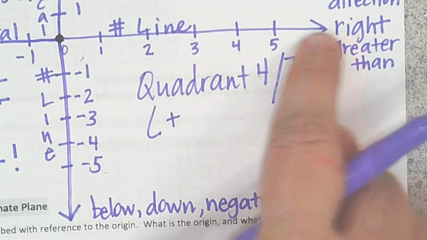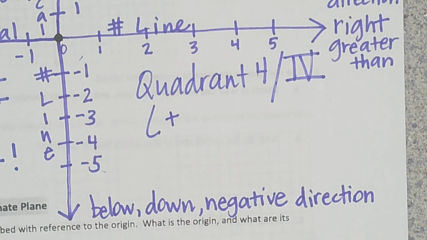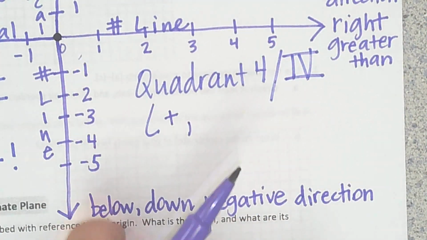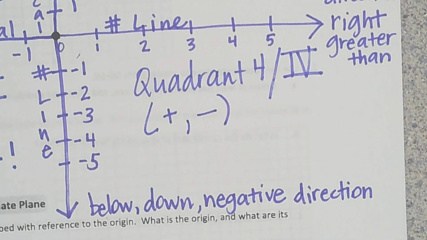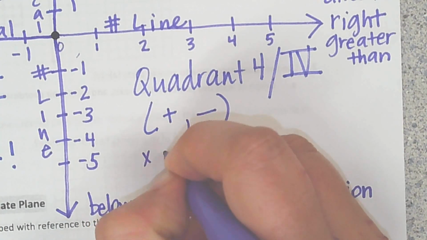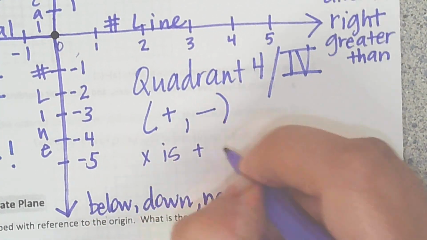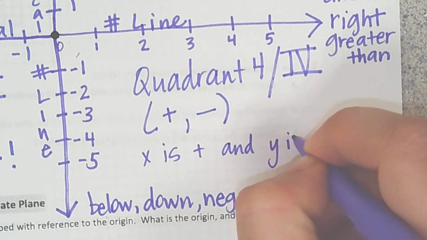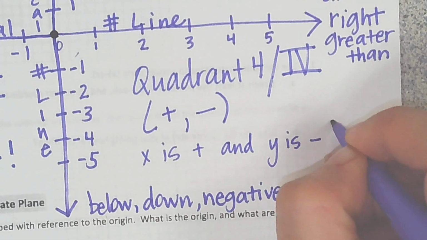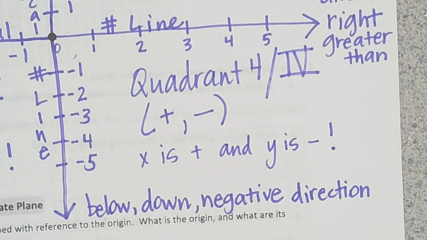Positive, because quadrant 4 is touching positive numbers. But we're in the negative because we're dropping. Okay? So my X is positive, and Y is negative. We're almost done with this little part here.